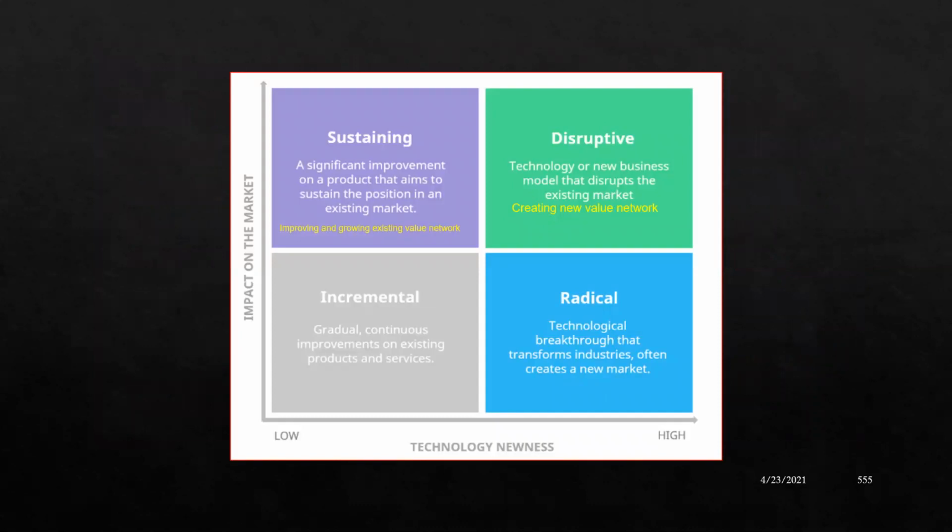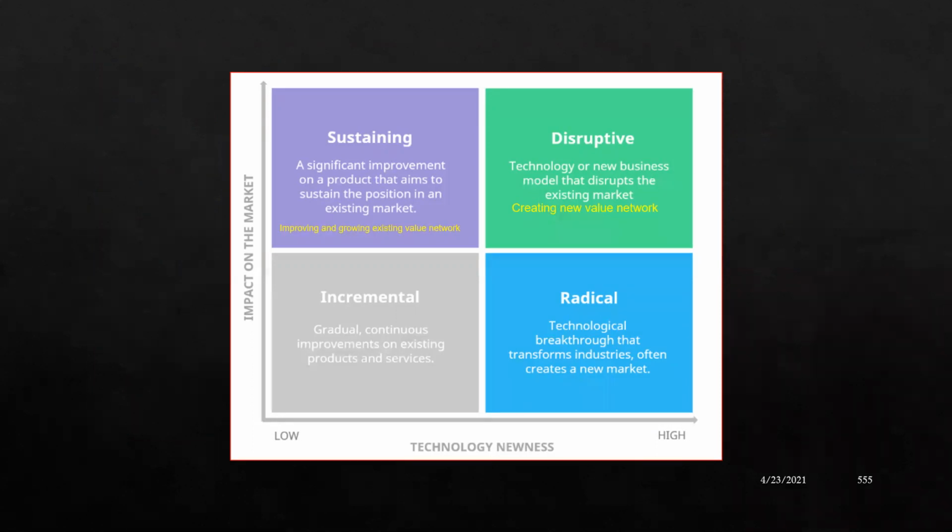The other thing is, in terms of innovation, if you look at it on a vertical axis, the impact on the market is high or low. Also, innovations are induced by technological newness, such as IoT, cloud systems, blockchain, and maybe higher-level machine learning.